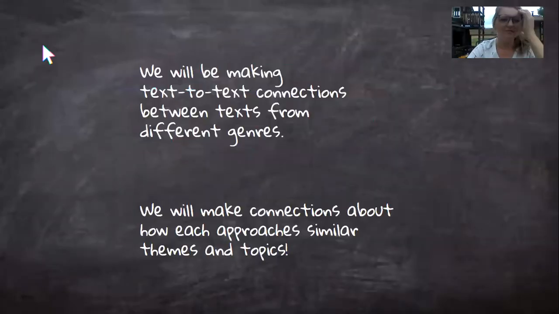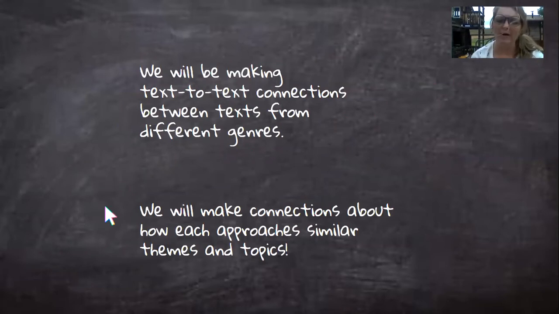Okay. So what we're going to be doing today is making text-to-text connections, which I'm sure you have experience with. So text-to-text between texts from different genres. And also, we will make connections about how each approaches similar themes and topics.